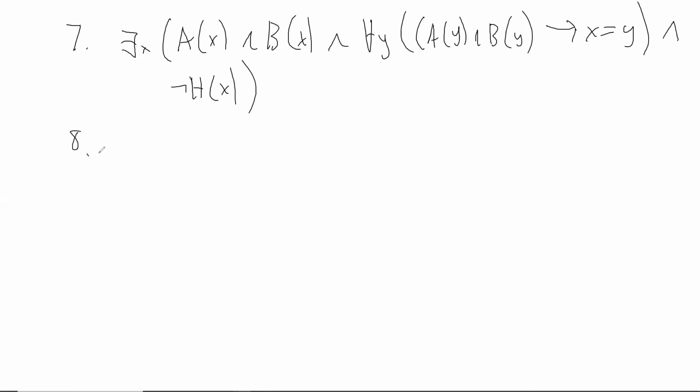Number 8, the horse in Farmer Brown's field does not have wings. All right, so again, it's the horse. There's only one of them. So there exists an X such that X is a horse and X is in Farmer Brown's field. So it says that there is a horse in Farmer Brown's field. Then we need to make sure that horse is unique.